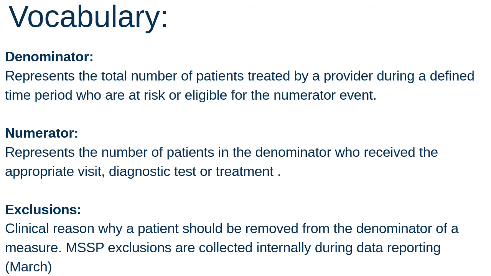Patients are categorized as numerator compliant when they have received at least one A1C test in the current calendar year. Patients are categorized as non-compliant if they have not received an A1C test in the current calendar year. Even if the patient had received an A1C test last year, they will not be counted as measure compliant. Compliance can only be generated by receiving the test within the measure time period.